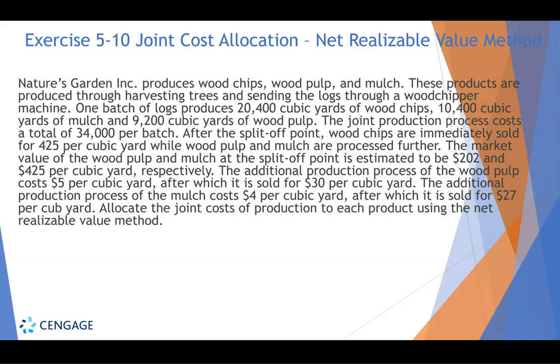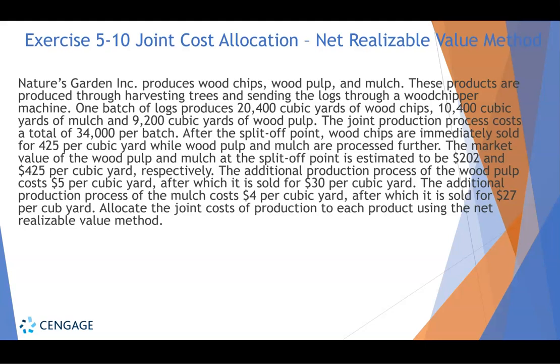After the split off point, wood chips are immediately sold for $425 per cubic yard, while wood pulp and mulch need to be processed further. The market value of the wood pulp and mulch at the split off points are estimated to be $202 and $425 per cubic yard, respectively.